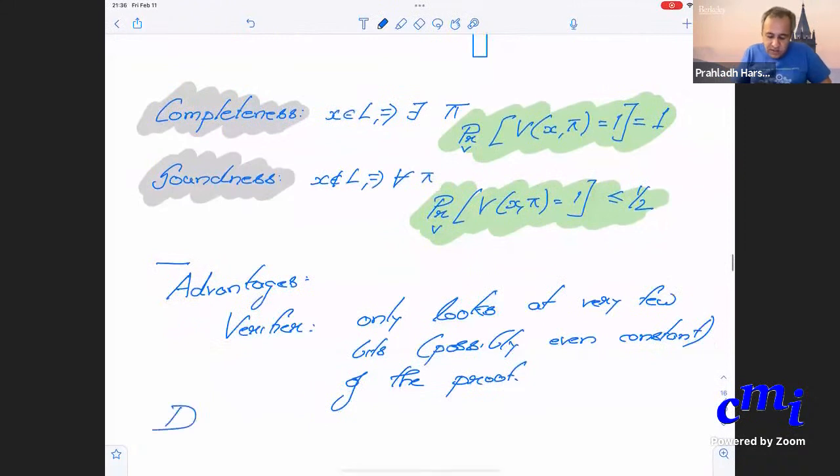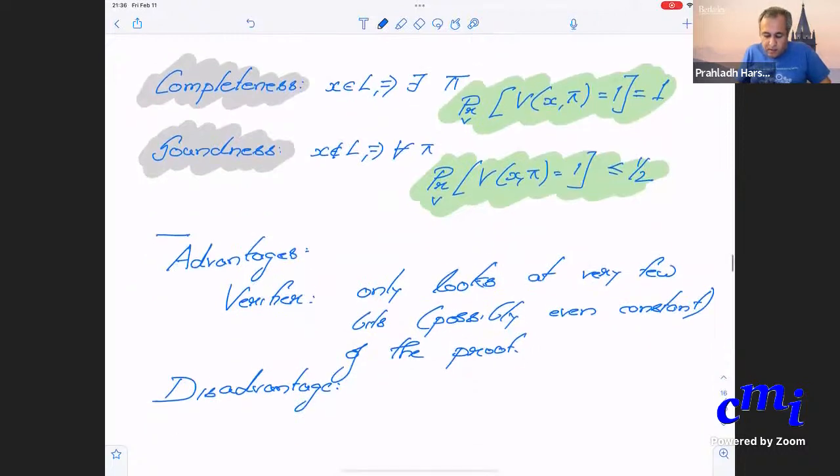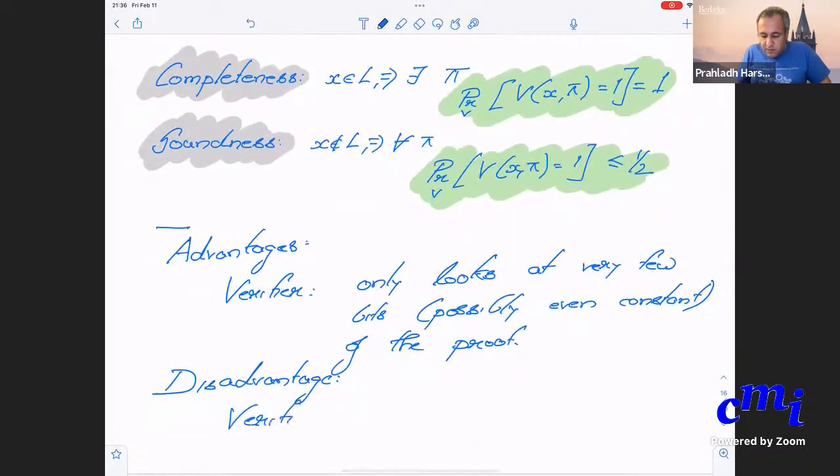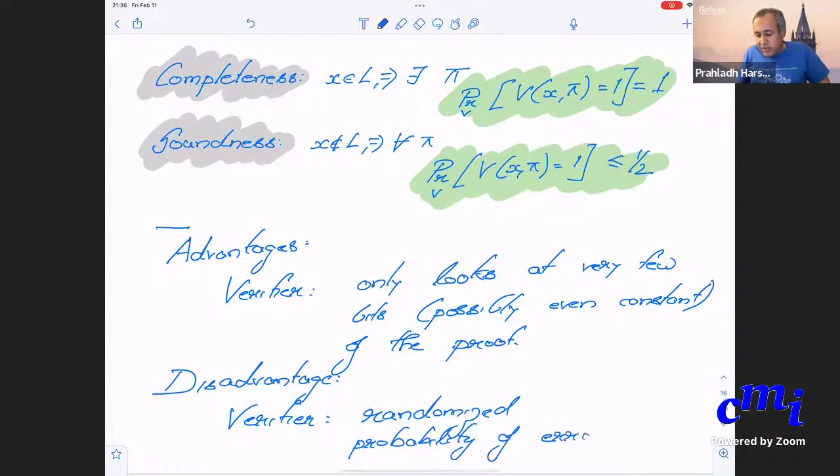One disadvantage is that now the verifier is randomized. So there is a probability of error. Unlike the previous case, where if the verifier said accept, it was always correct, here there's a small probability of error.